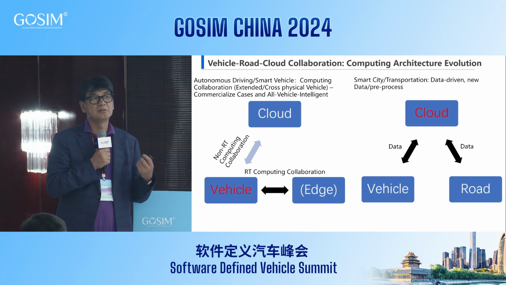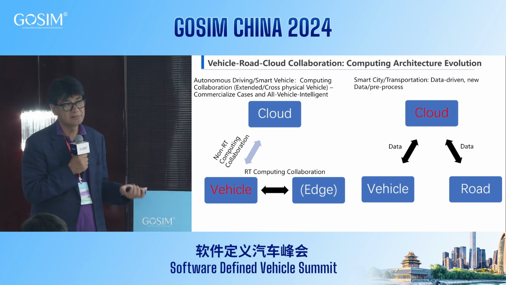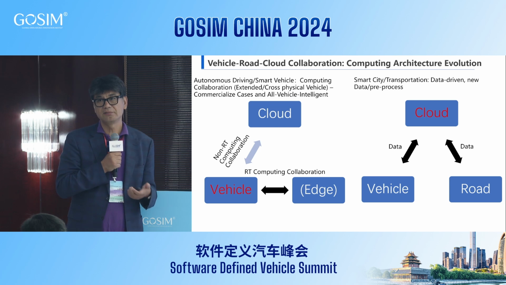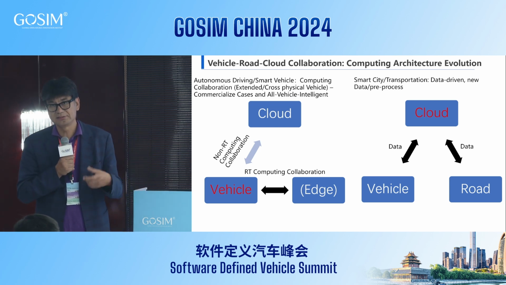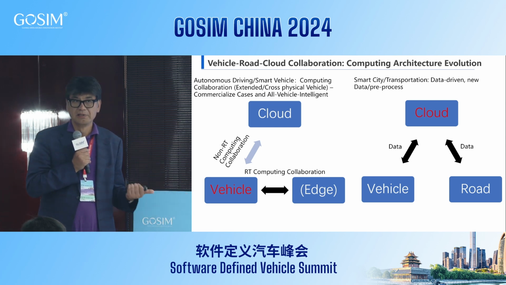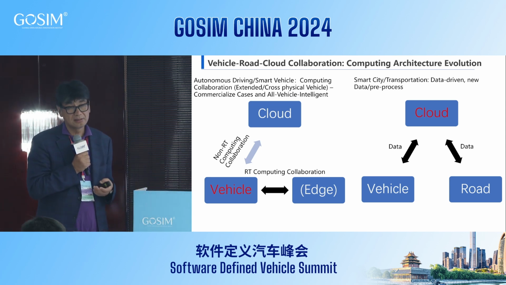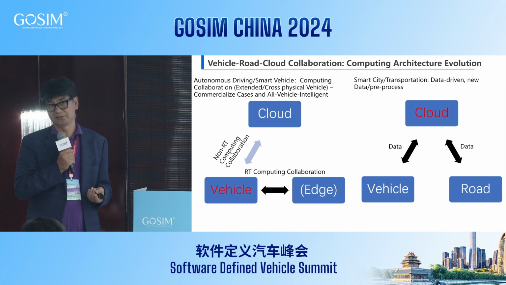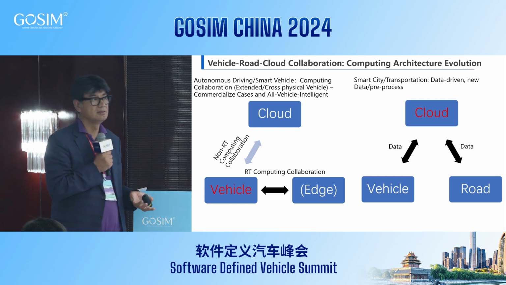Because globally, even in the China market, at least half of new cars are priced less than $20,000. So how does this kind of car have the same intelligence using cloud, using edge?